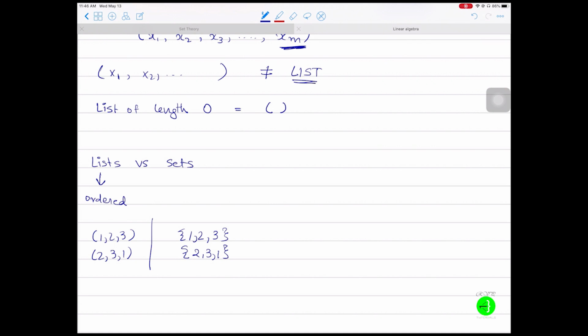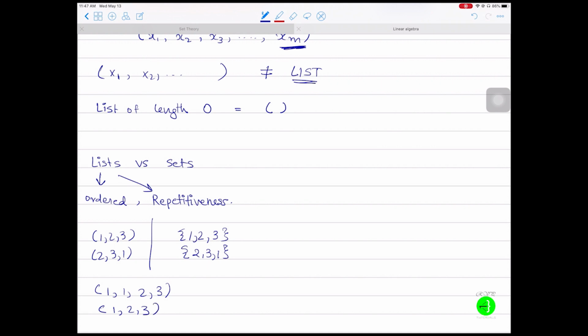The second important thing is repetitiveness. In lists, if elements repeat, it makes sense. So 1, 1, 2, 3 makes sense. It's a list containing 1, then 1, then 2, and 3. And it is completely different from a list having 1, 2, 3.